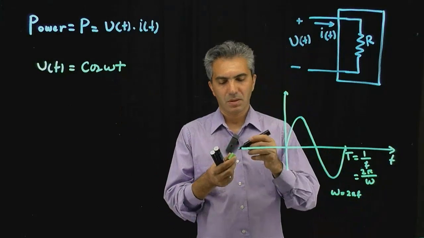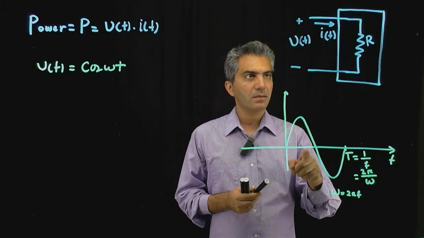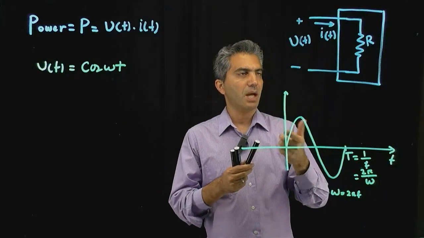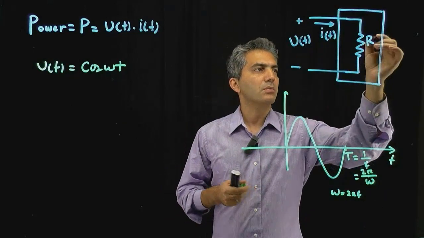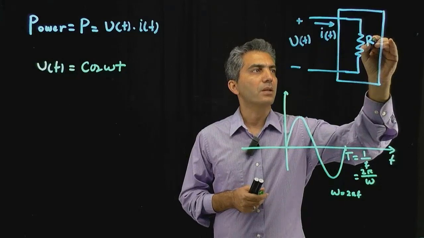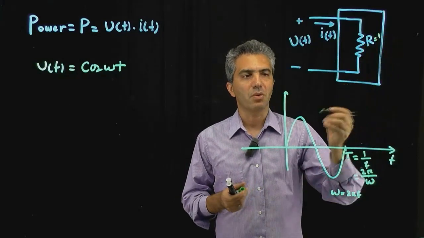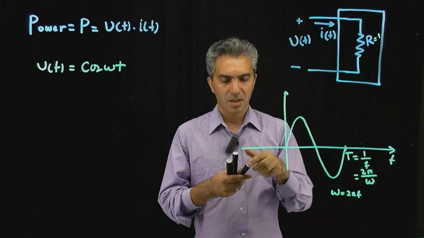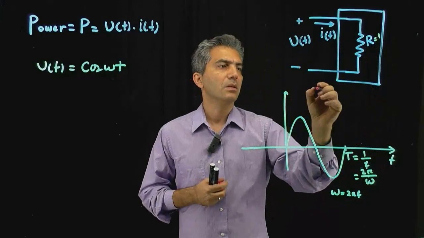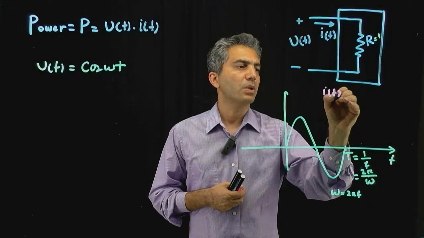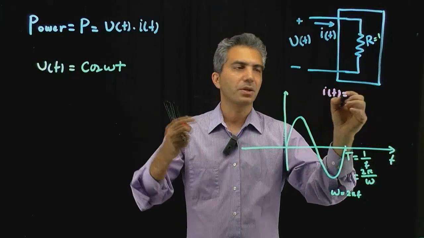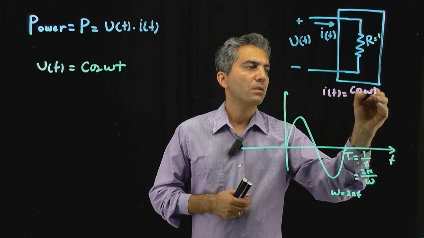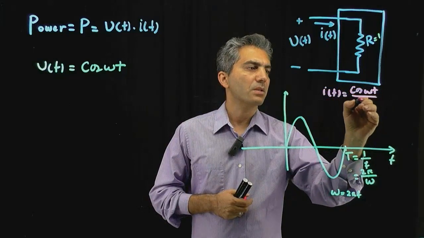Okay, so that said, let's do this for a very simple case where the resistor is 1 ohm. That simplifies everything. If that's the case, the current would be the voltage, which is cosine omega t, divided by the resistance 1.